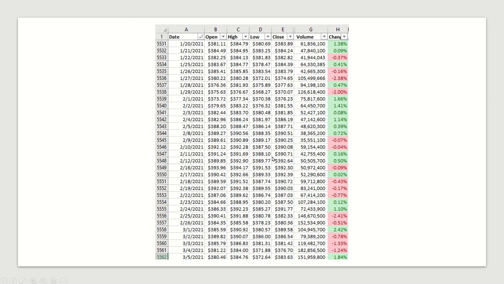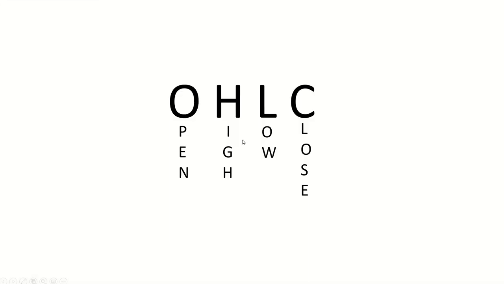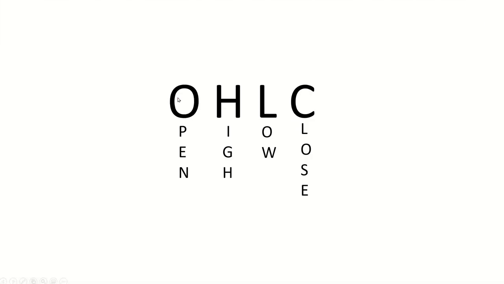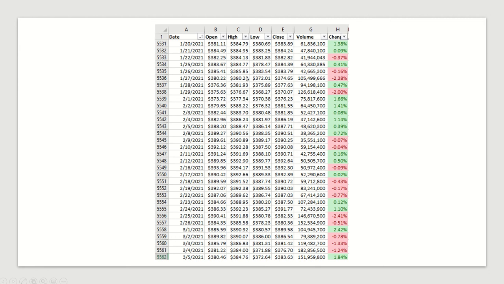And to put a finer point on it, you can analyze this data in Excel as well, right? That's your open, that's your high, that's your low, that's your close. This is your volume, which is another important thing to understand. And so the same data that you see in a chart like this, and we'll talk about what these candlesticks are, that's just this data here represented in chart form. So you're analyzing data.